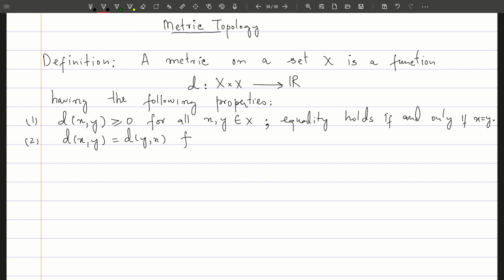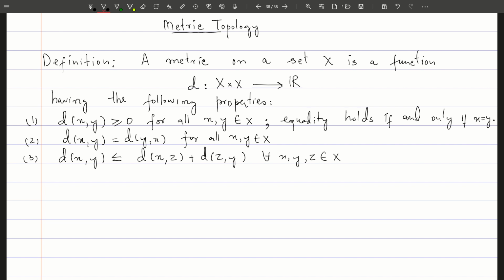This is also true for all x and y in X. And finally we have the triangle inequality, that is d of xy is always less than or equal to d of xz plus d of zy for all x, y, and z in X.